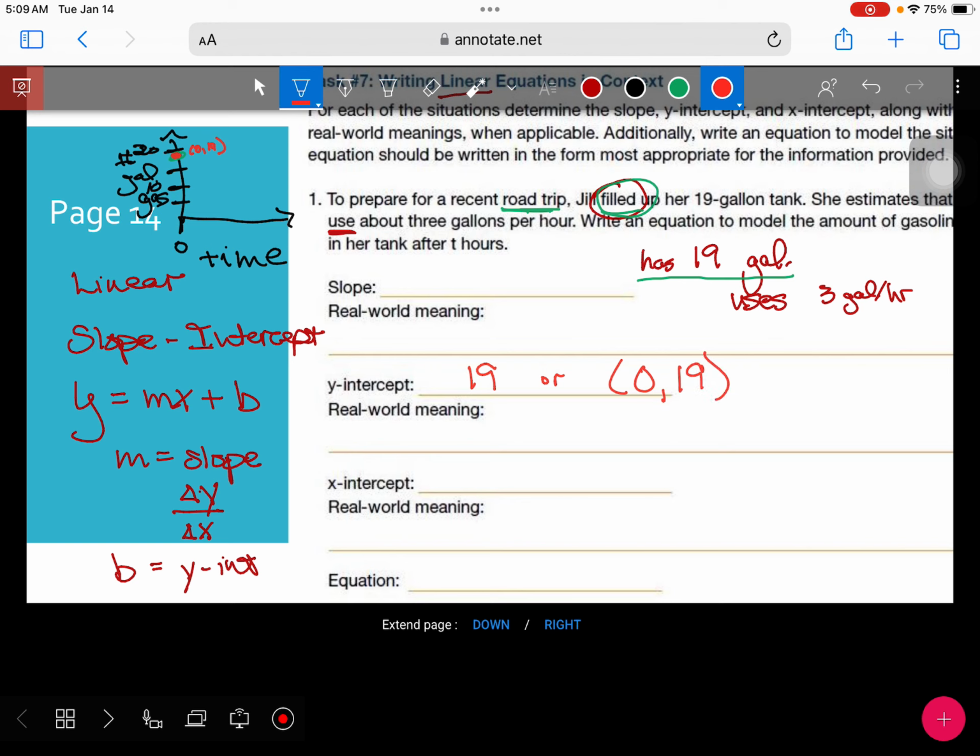Okay. Real world meaning, this is the amount of gas in tank before starting the road trip.